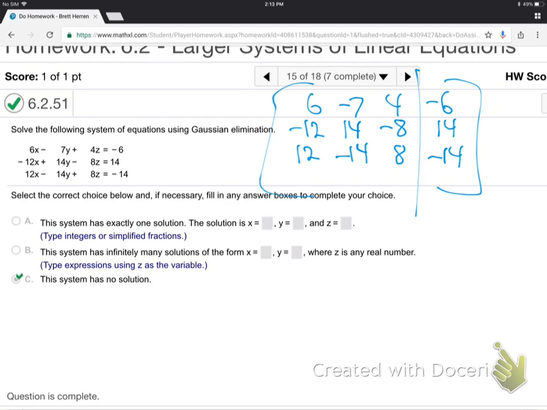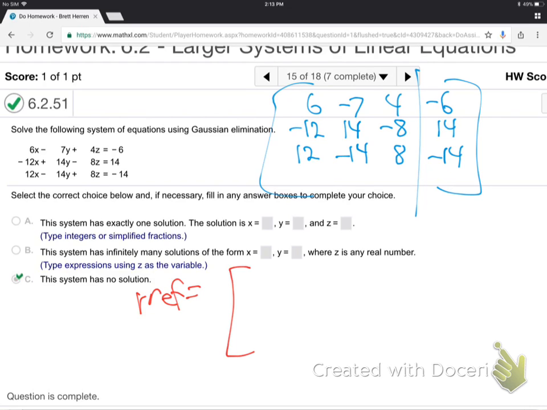Getting faster. You got it? I just got it. So I got my answer, RREF. Mine came out looking weird, so I'm going to hit math, enter.